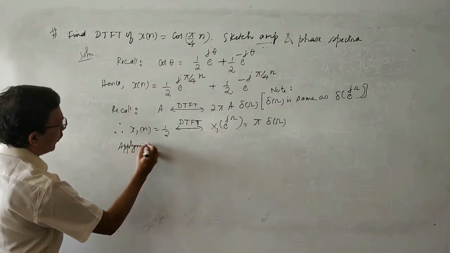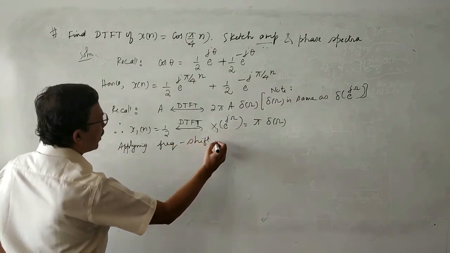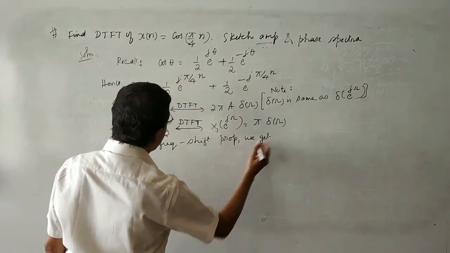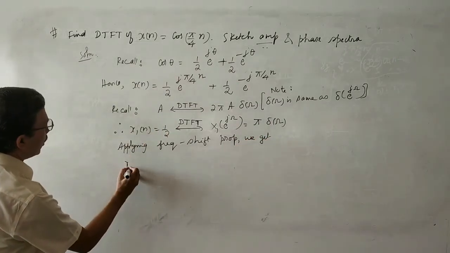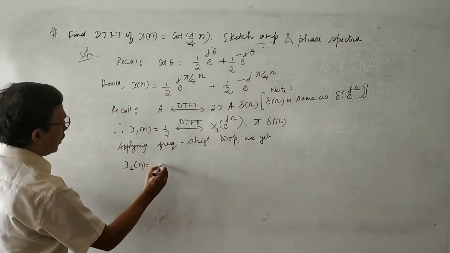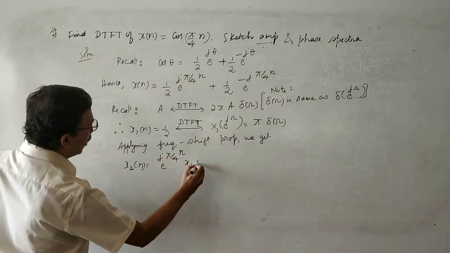Applying frequency shift property, what is x2 of n? x2 of n is equal to e to the power j pi by 4 into n into x1 of n.